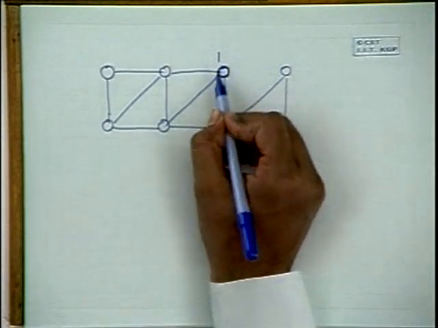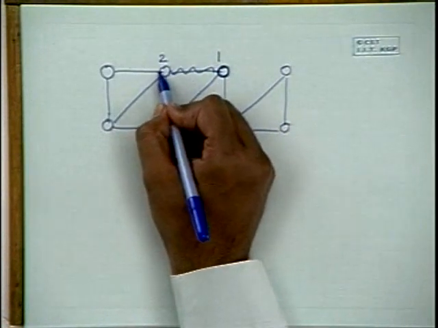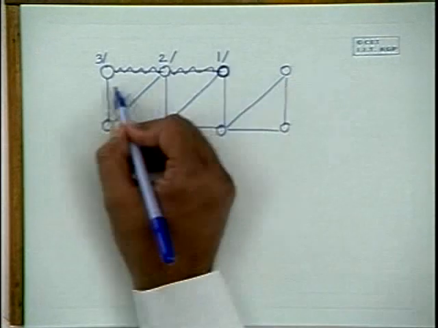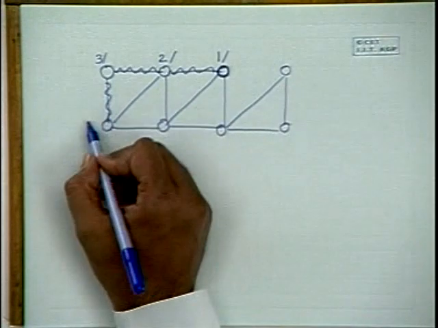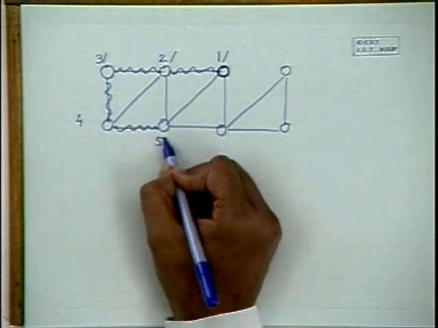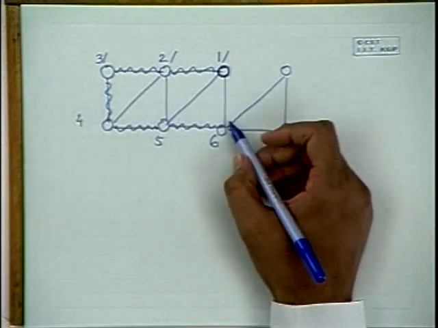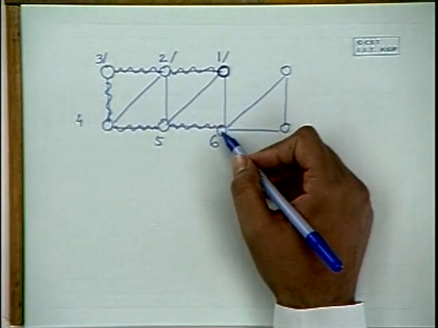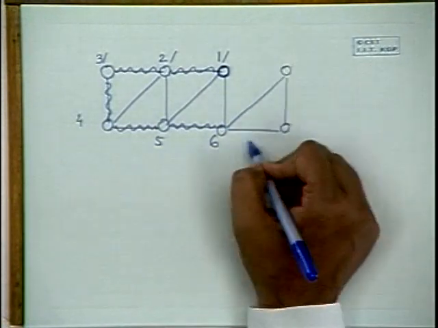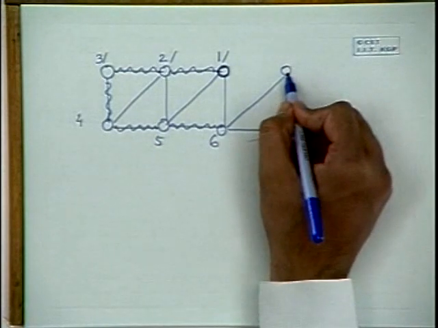We go this way, this is 1, so this becomes 2, then from here we go this way, this becomes 3, then we visit this, it becomes 4, then we visit this, 5, then this, 6. See, in the directed version of the same graph, if I remember correctly, we could not visit this part because all the directions were this way. But now we will be visiting this.